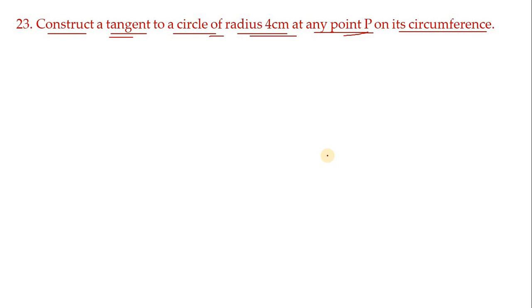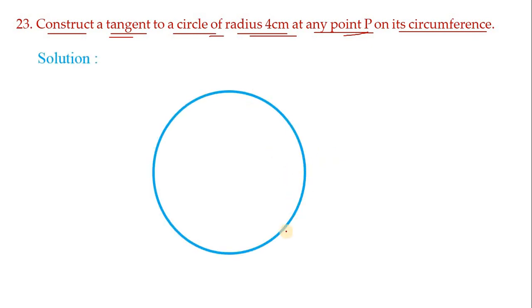Hence, first let me draw a 4 cm circle by using your compass, which has a pencil. Take 4 cm radius and draw a circle like this. Mark the radius, give the name O, mention the radius as 4 cm and mark point P on the circumference. I am marking here, you can mark anywhere on the circle.